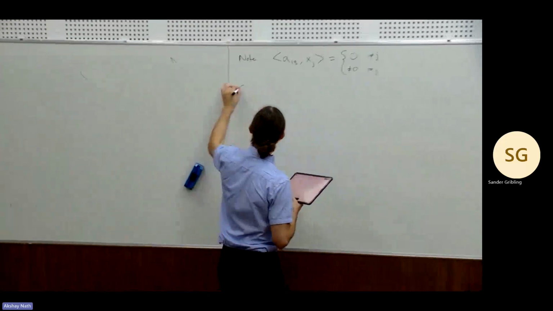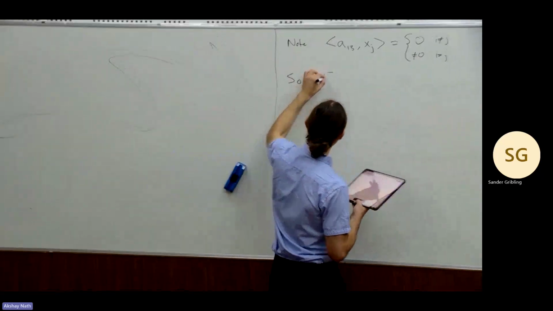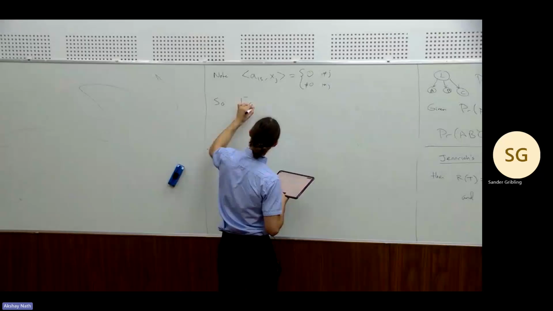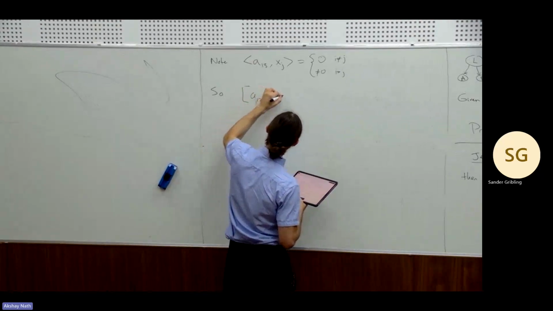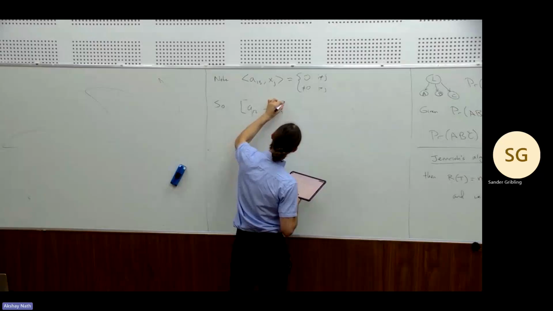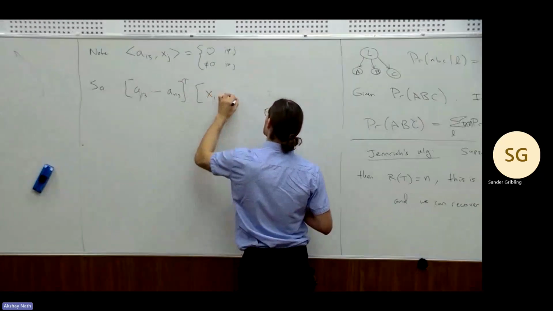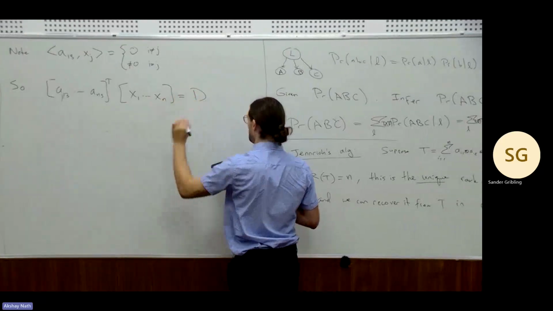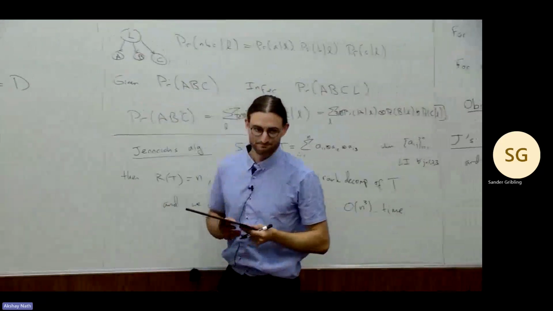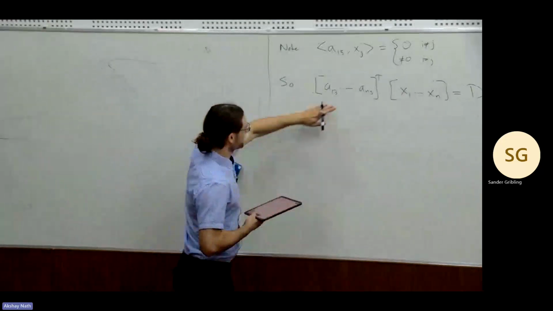So we write this as a matrix equation. We have A_13 through A_n3 transpose times the matrix X = [x_1 through x_n] is some diagonal matrix D. These are the vectors we want.